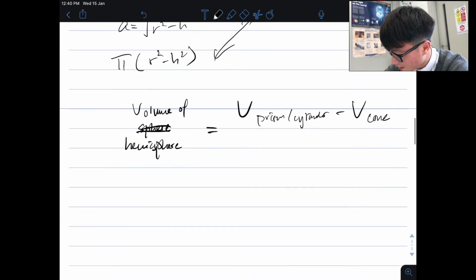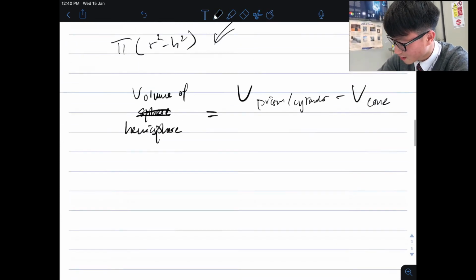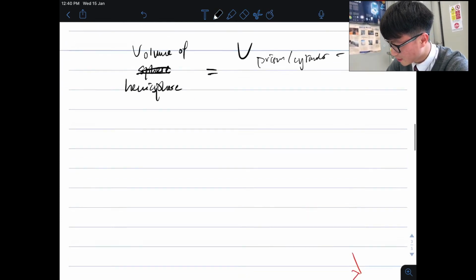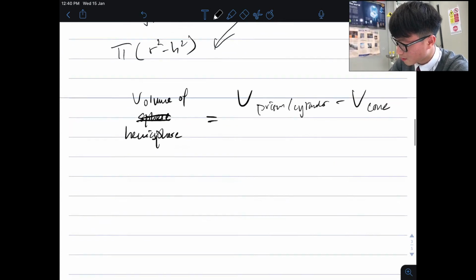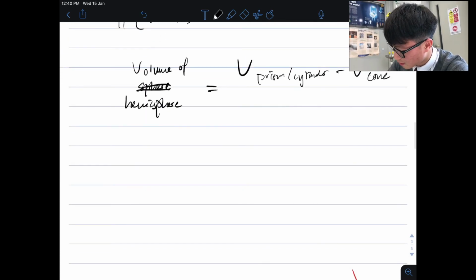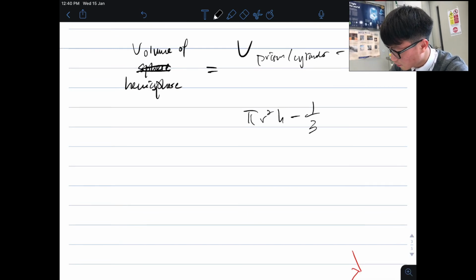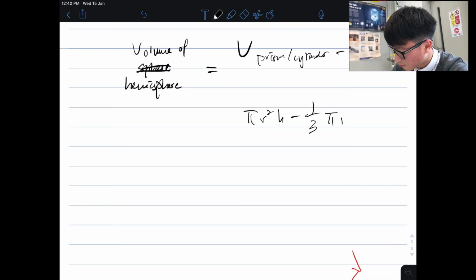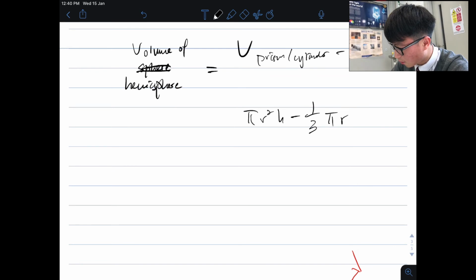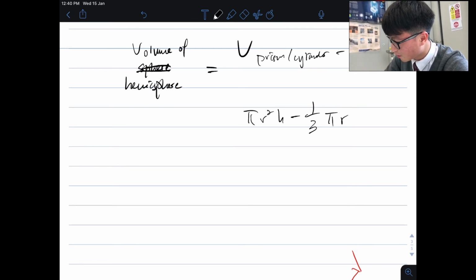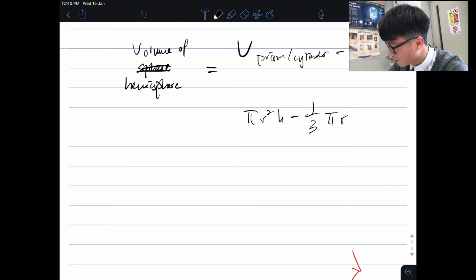As shown here, the volume of the prism is by the definition shown by the previous classmate, minus the volume of the cone, pi r.